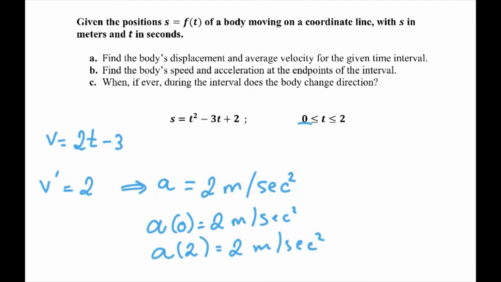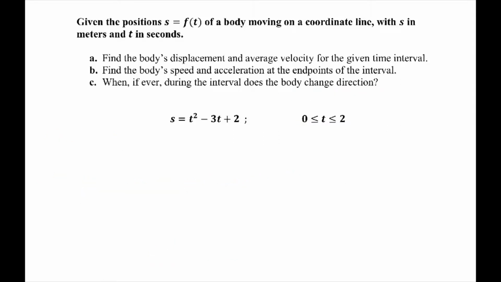Okay. Now they are asking whether the function changes its direction. Well, the function changed its direction when it was moving forward and then it turned around and moved backward. So how does this happen basically?